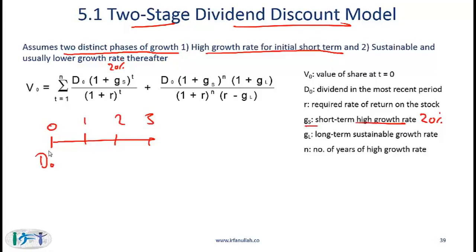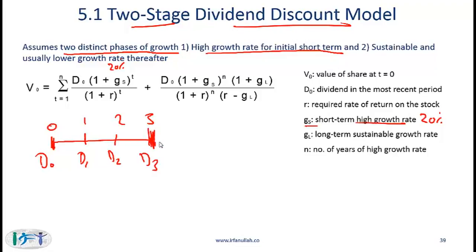If you have a given dividend D0 over here, this is the existing dividend or the dividend just paid, then how do you come up with D1? D1 will be D0 into 1 plus G, where G is 0.2, and then D2 will be again taking D1 and increasing that by 20%, and D3 will be taking D2 and increasing by 20%.